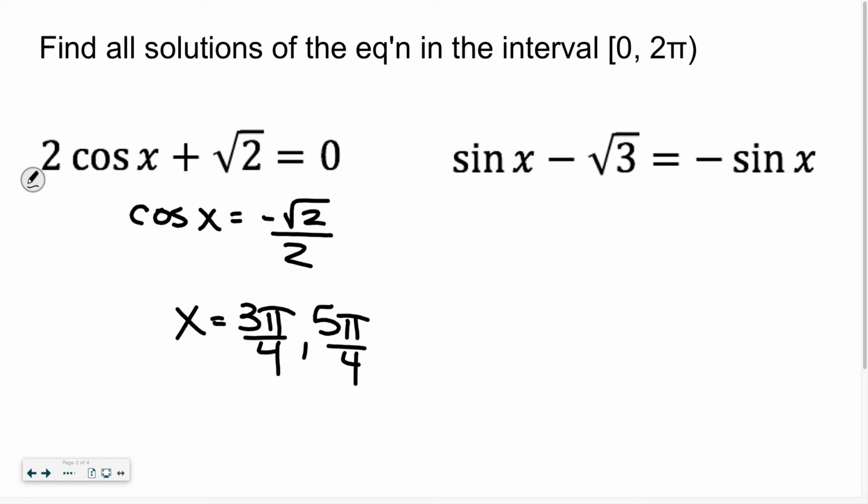Okay, let's look at the one on the right. Sine x minus square root 3 equals negative sine x. Couple ways to start. Anybody got something they want to do first?